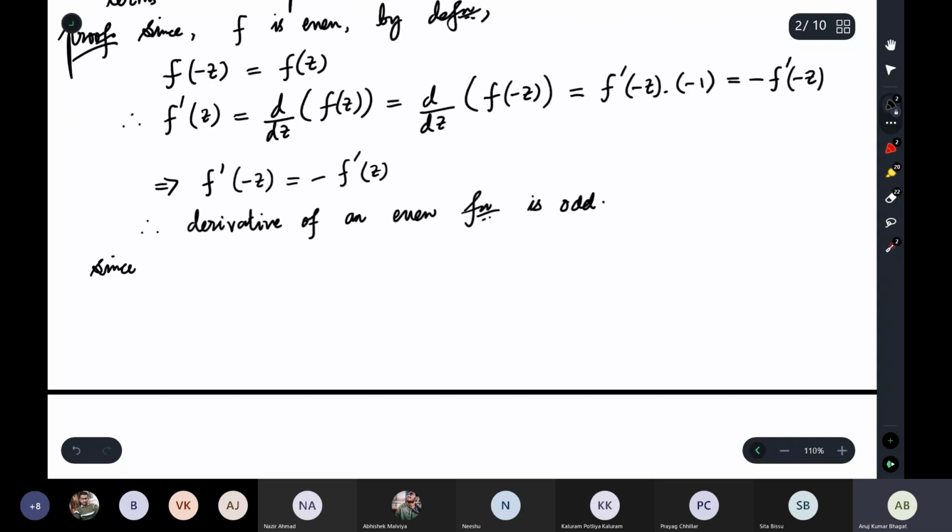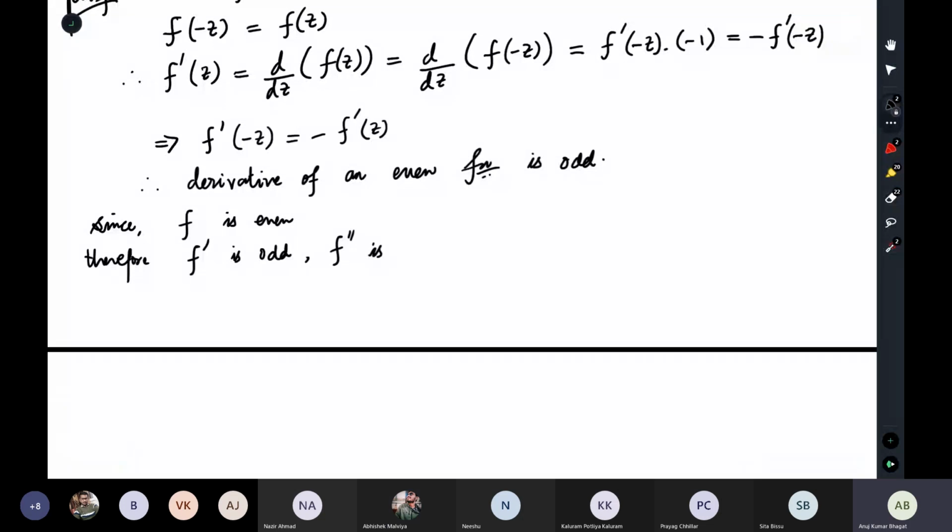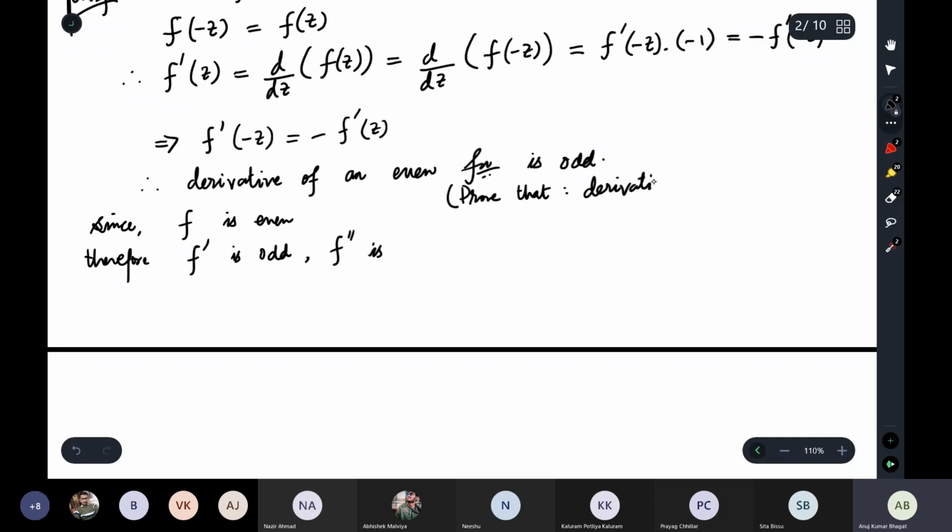So since f is even, therefore f prime is odd, f double prime is even. Again you have to prove that. If I take the derivative, again you have to prove a result, that is up to you. So prove that in a similar manner: the derivative of an odd function is even.